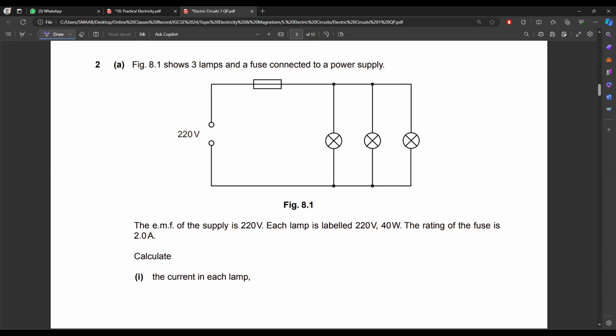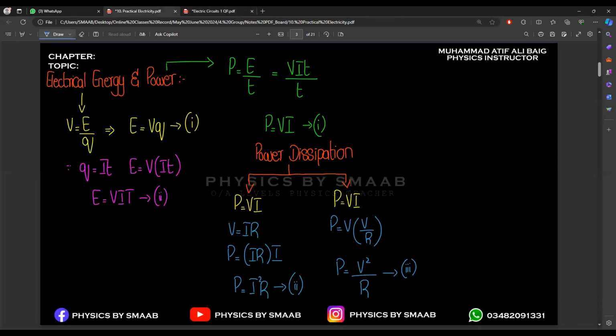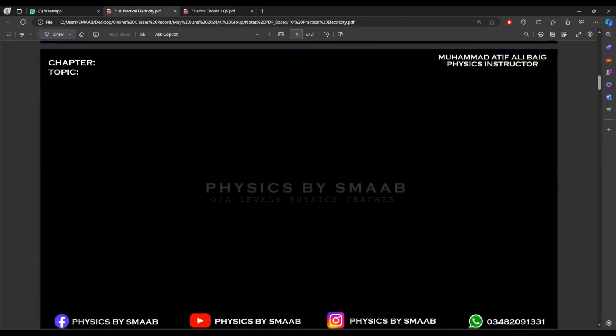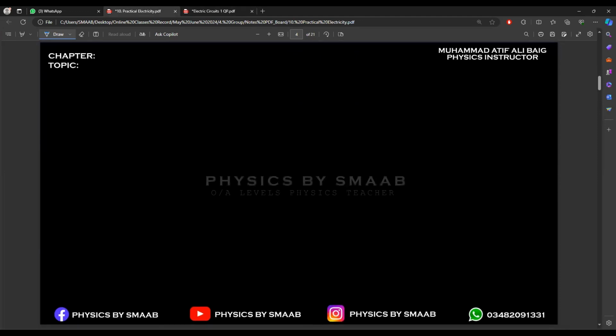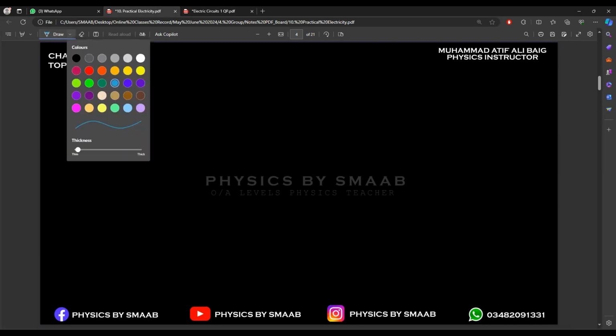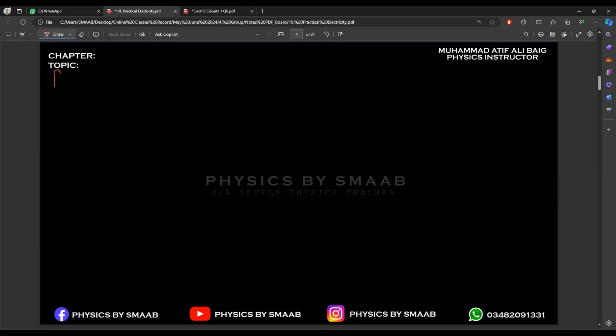If we talk about the fuse, in simple words it is used for safety precaution. This component helps you to protect the circuit, and it is also a safety component in your circuit.